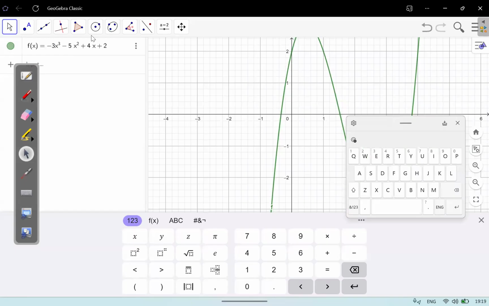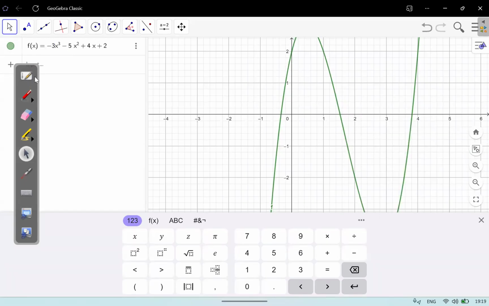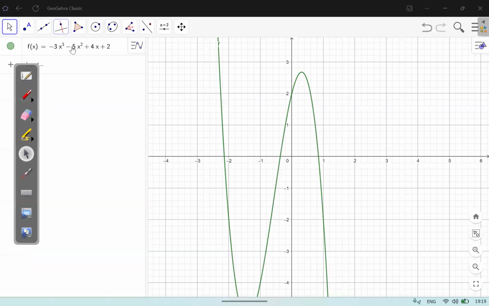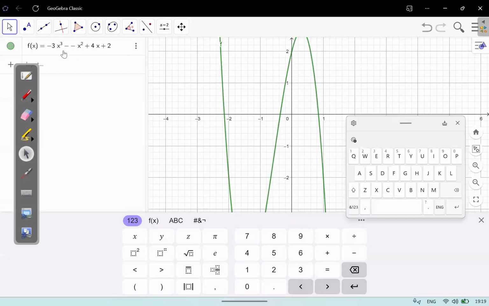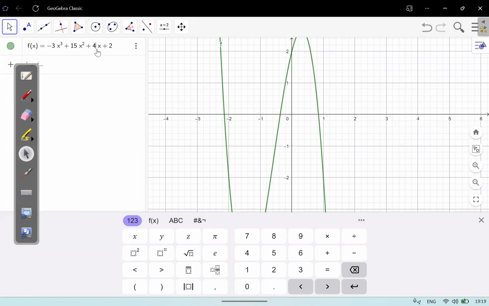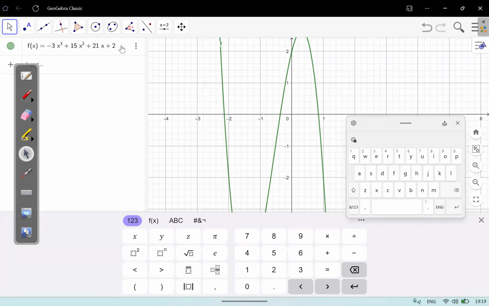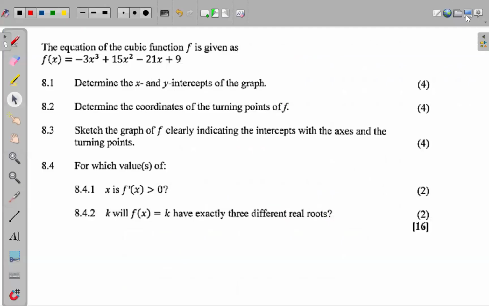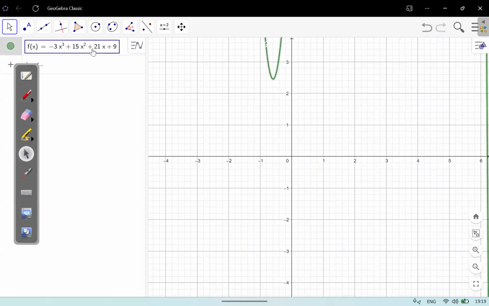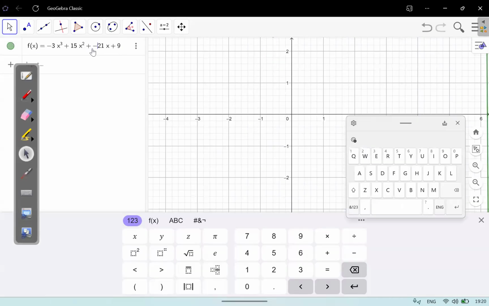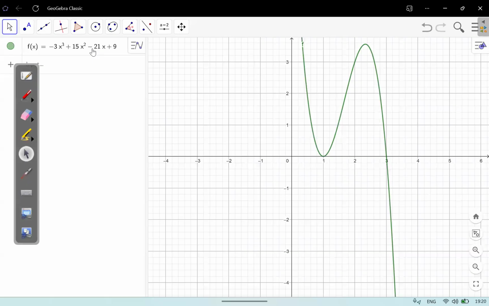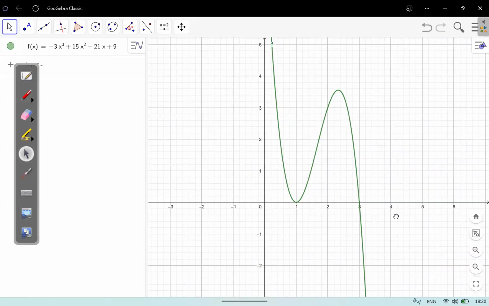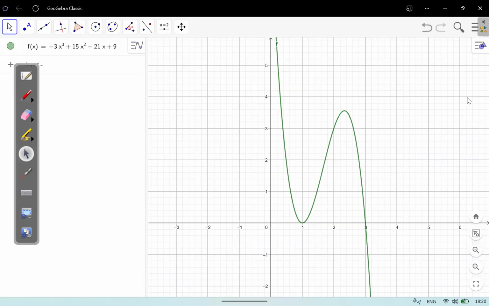Negative 3x cubed, and what else do I have? Plus 15x squared. So maybe this one will look nice. Yeah, this one looks decent. I think we can do with this one.